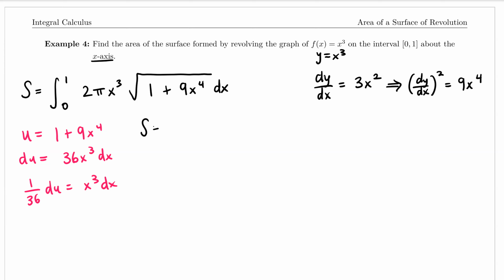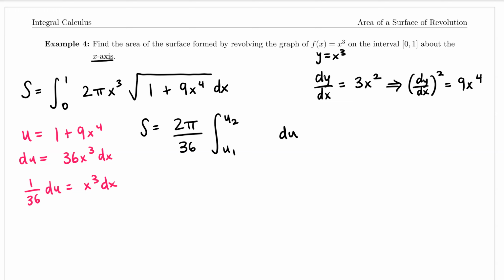And so now we get s is equal to, we can factor out 2 pi outside of the integral, and I'm also going to factor out the 1 over 36. Because we're integrating with respect to u now, I'm going to write my new limits of integration as u1 and u2. And then we're going to get the square root of u times du.